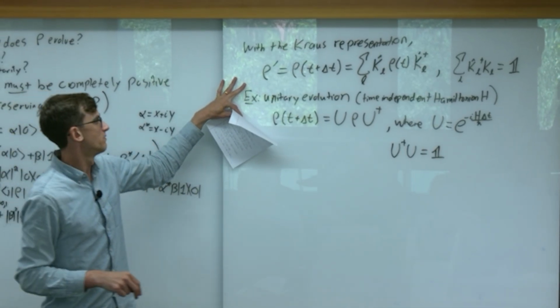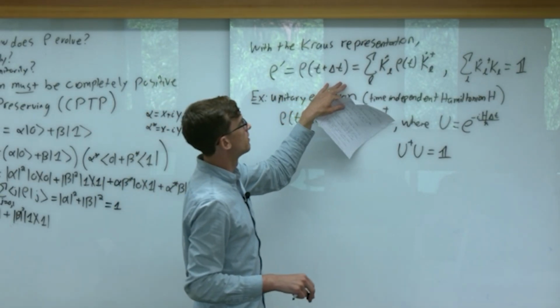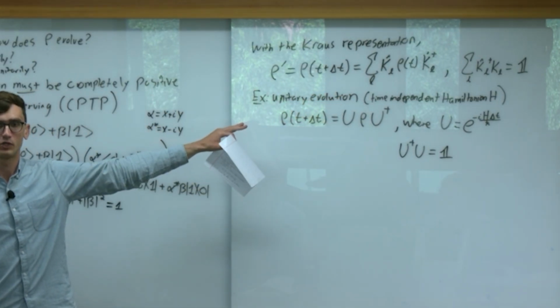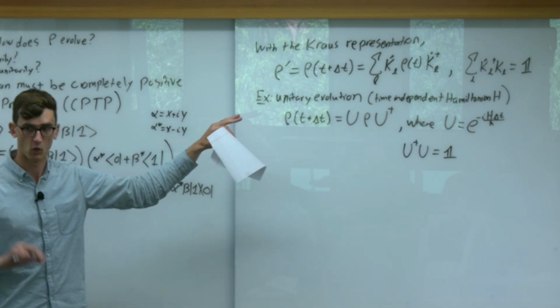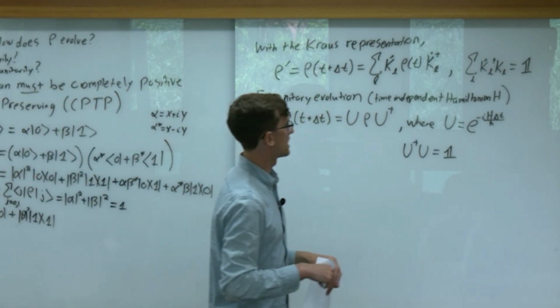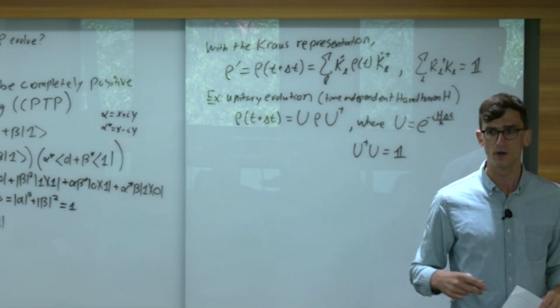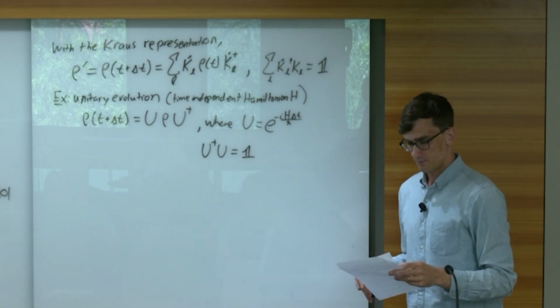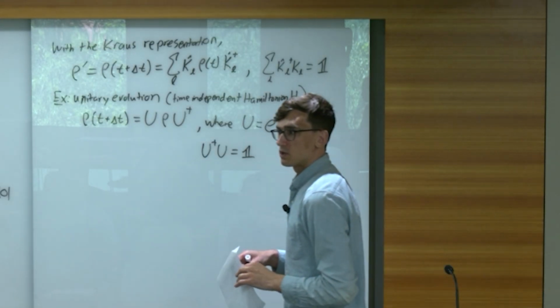And the nice thing is that if you ever have a system that has only a single Kraus operator to describe its time evolution, then you know it must be totally unitary evolution. So if you have more than one Kraus operator, then there must be some dissipation going on in your system. Any questions about that?